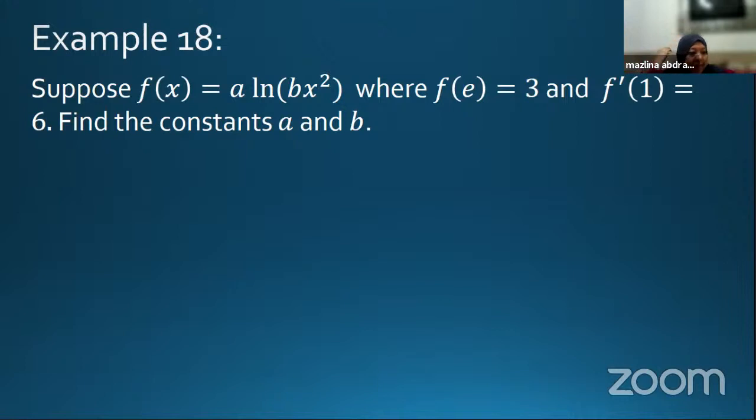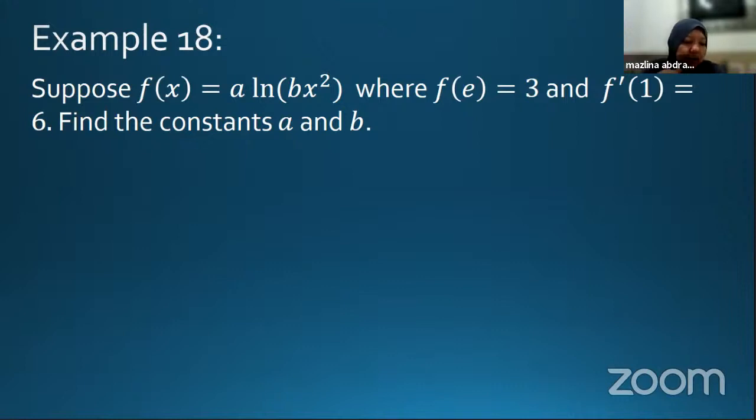Okay, who got the answer? What is A? What is B? You got 2 methods to do this, eh?